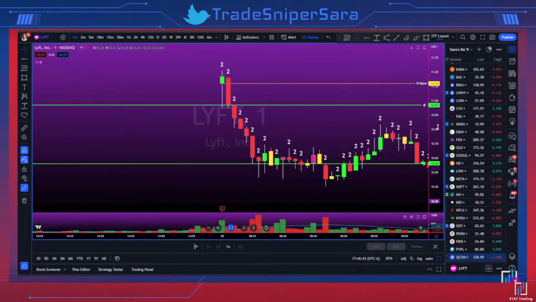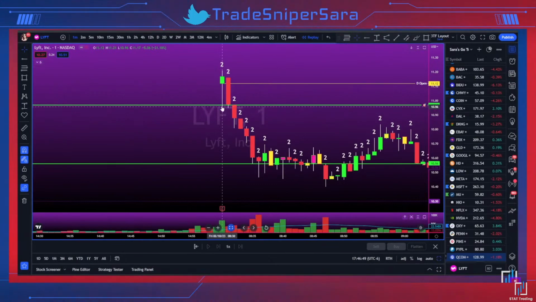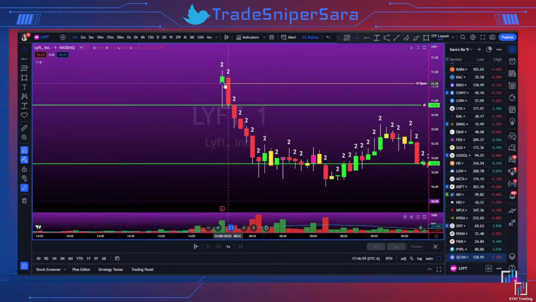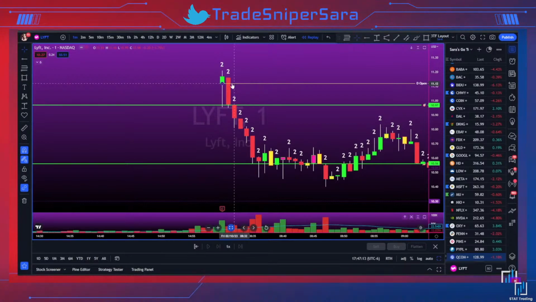Okay, here's Lyft on the 1 minute. This one was a little trickier, but opened here. The very first 1 minute stick was buying, and then on the second flip, we got a continuity change back below the daily open. So this would be a more advanced method, which is a continuity flip.